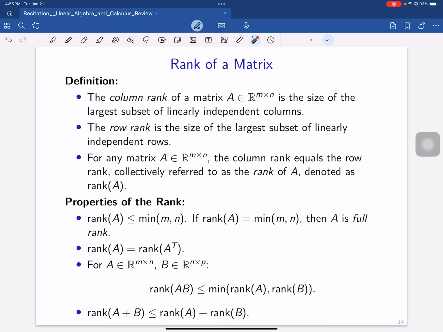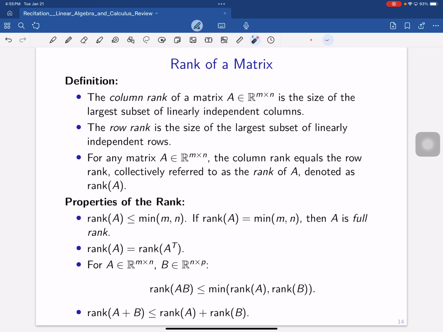So what is the rank of a matrix? First of all, you can define column rank and row rank. The column rank means the size of the largest subset of linearly independent columns.